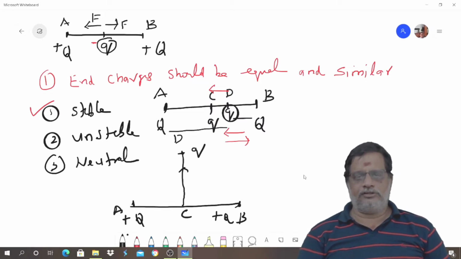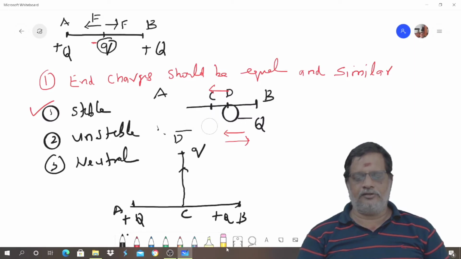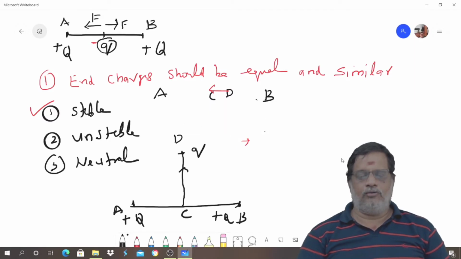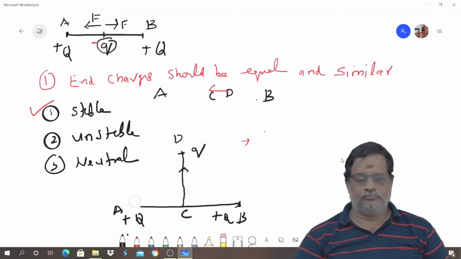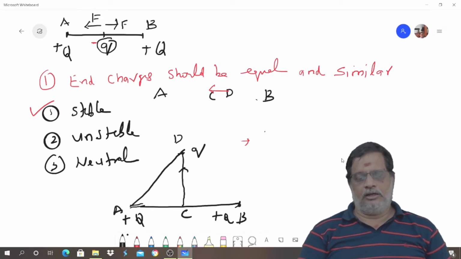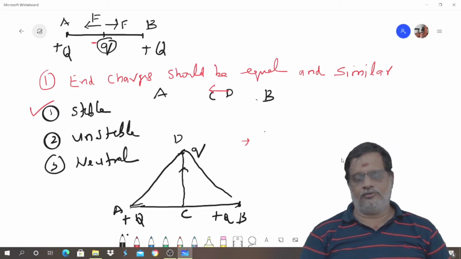Now let us see what happens here. I will erase this part so that we will get some space to work with. Okay, now let me join this line. Similarly, I joined these two points.